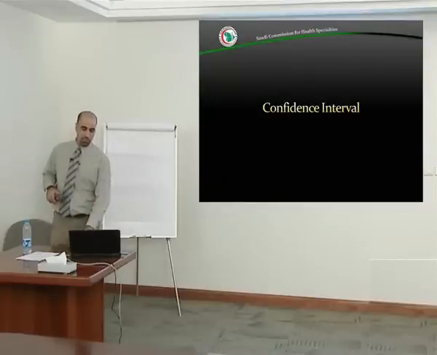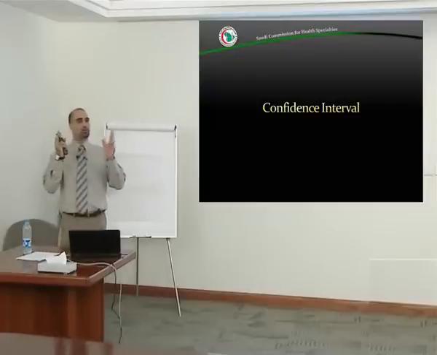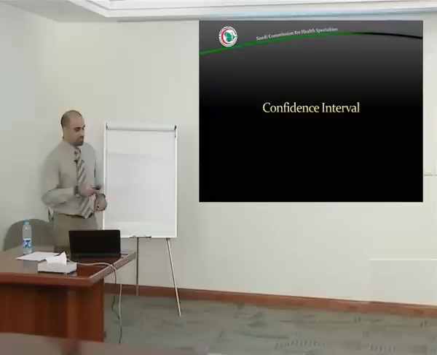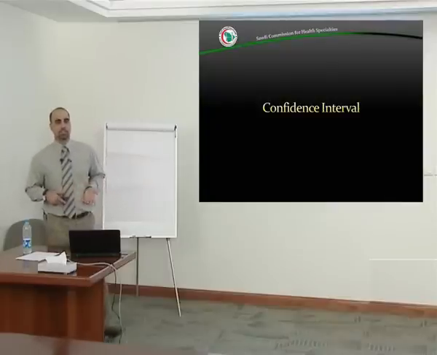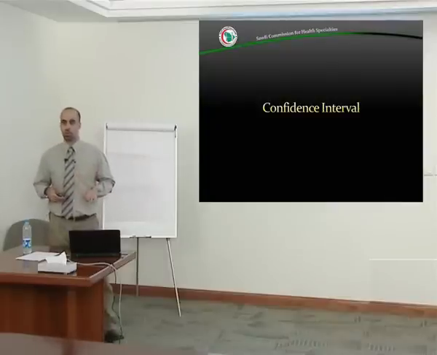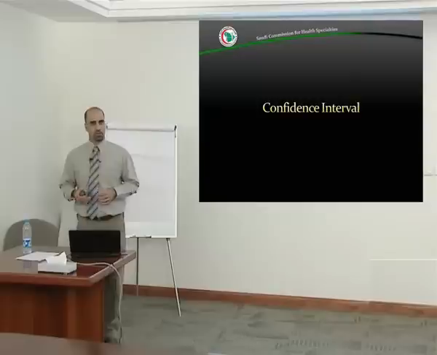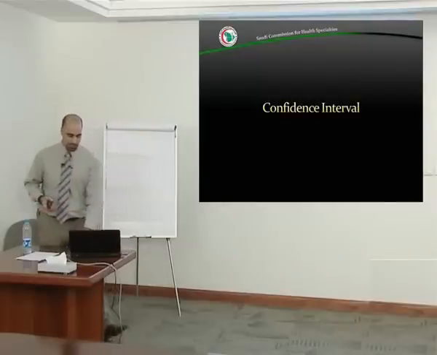What is a confidence interval? A confidence interval is an interval defined by two numbers, but it is associated with a certain level of confidence. What is confidence? It is how sure you are. Usually we reflect confidence by percentage. I can say I'm 90% confident, 100% confident, 95% confident, and so on.